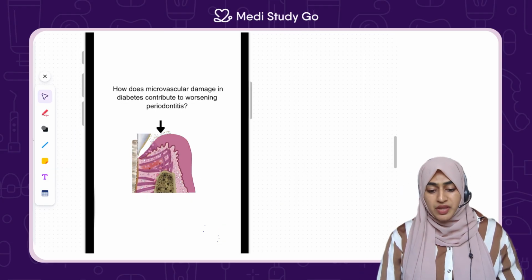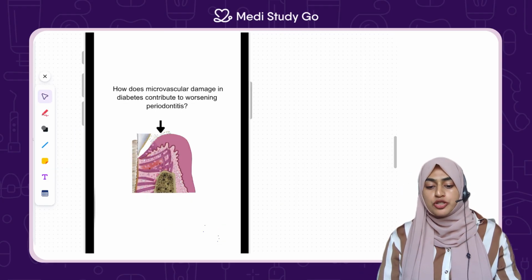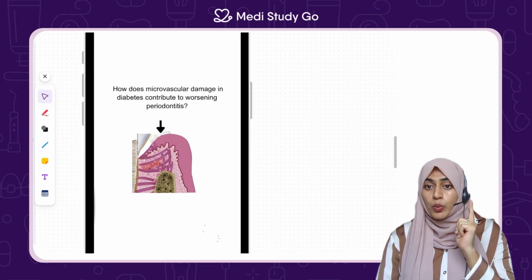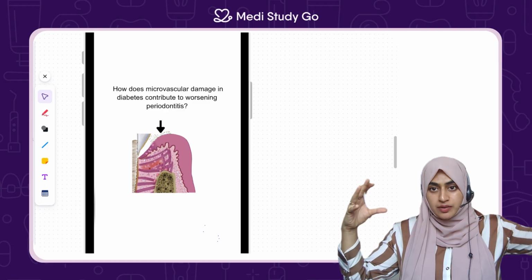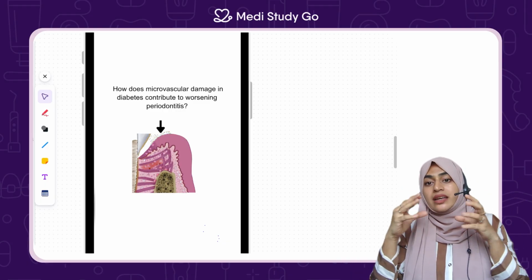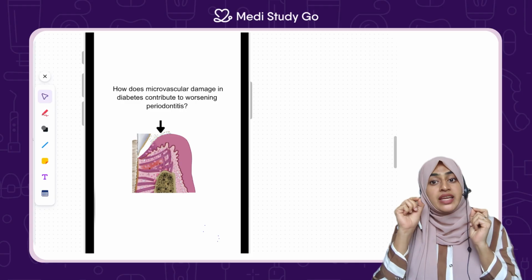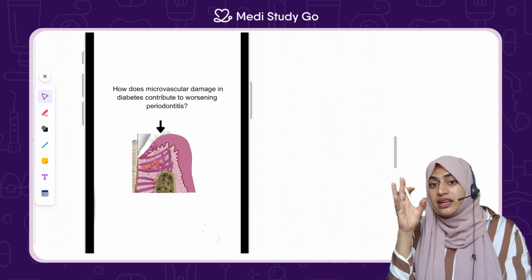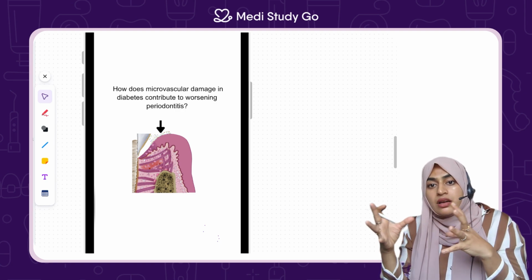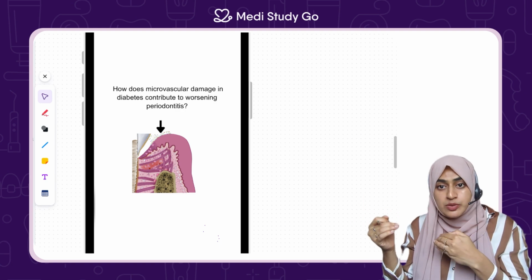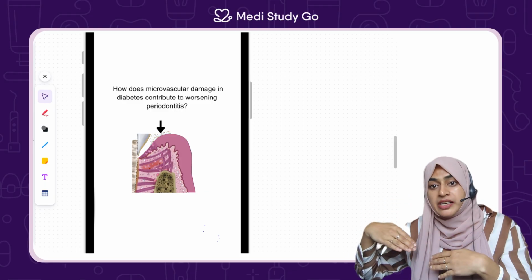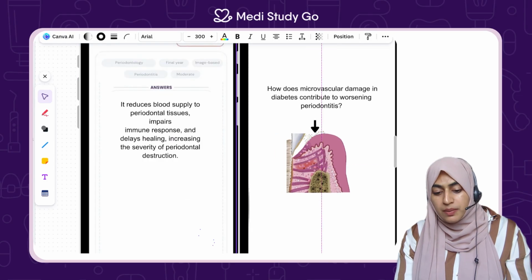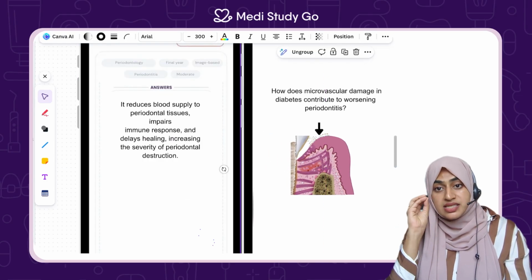So, flashcard of the day: how does microvascular damage in diabetes contribute to worsening of periodontitis? Coming to microvascular damage, just think about a blood vessel. We know that RAGE, the receptor for advanced glycation end products, is there in the blood vessel wall, and the junctions between the cells get weakened. Because the junctions get weakened, there is increased permeability of the blood vessel, and the microvascular damage starts from there itself.